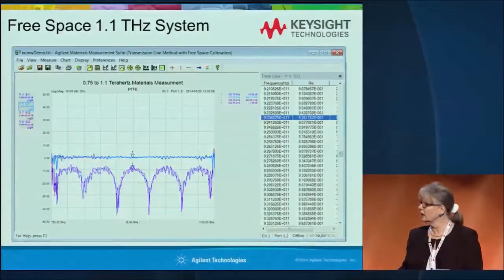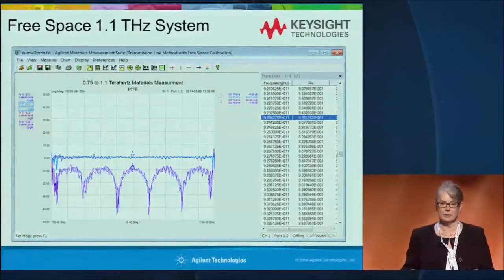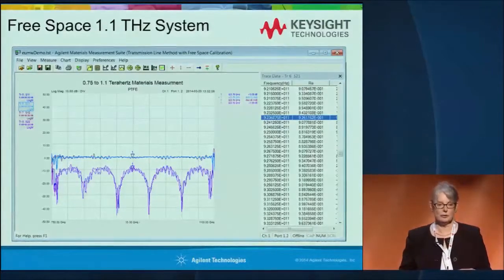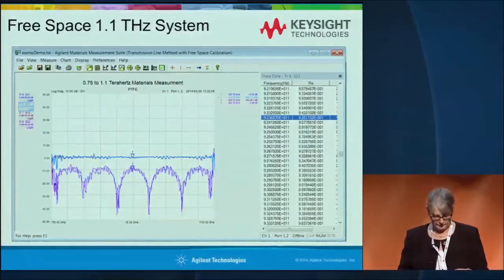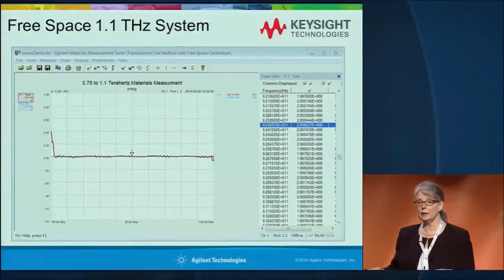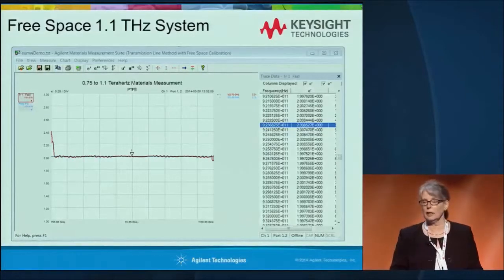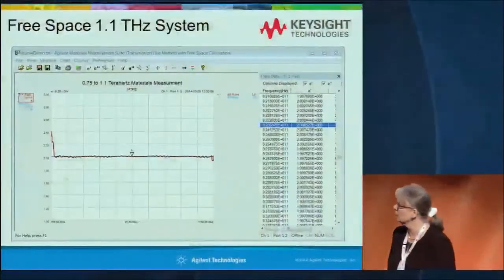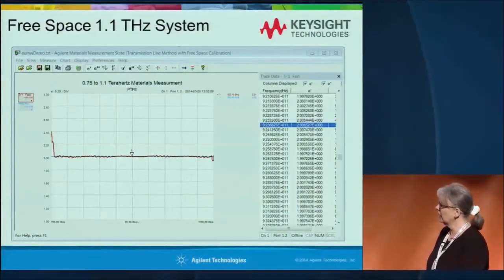You can clearly see this beat pattern that was set up from these two large reflections that we saw. And then here are the dielectric properties. We took those S parameters and cranked them through an algorithm in the software, and we get permittivity. This is looking at the real part, and we get 2.01, which is very close to the expected value for the sample.